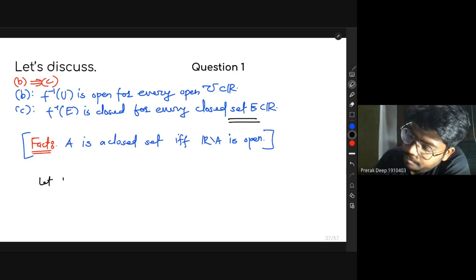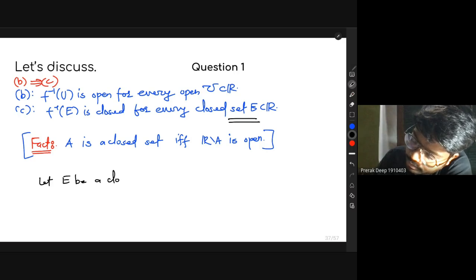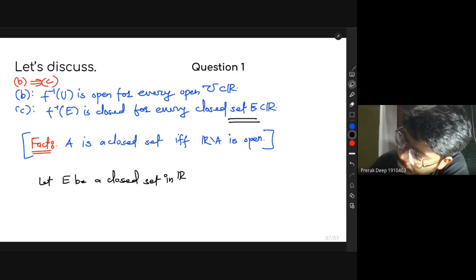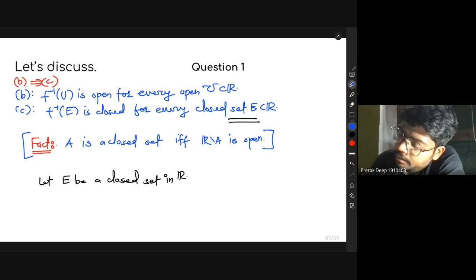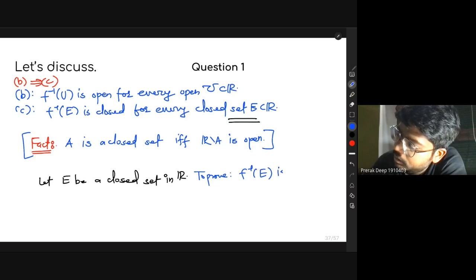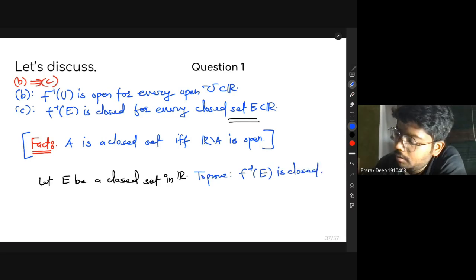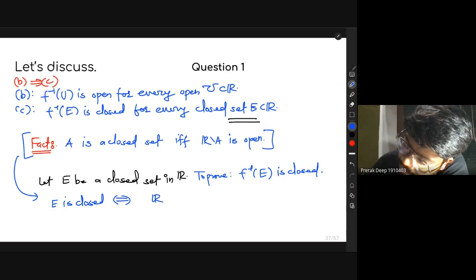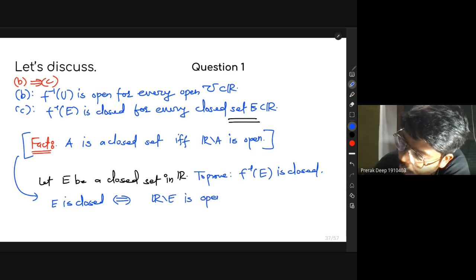So let E be a closed set in R. Okay, and now to prove that f inverse of E is closed. Since E is closed, by this fact, it is equivalent to say that R minus E is open.